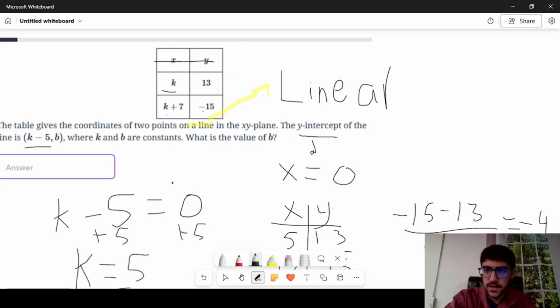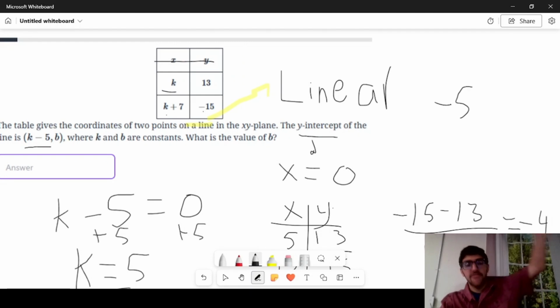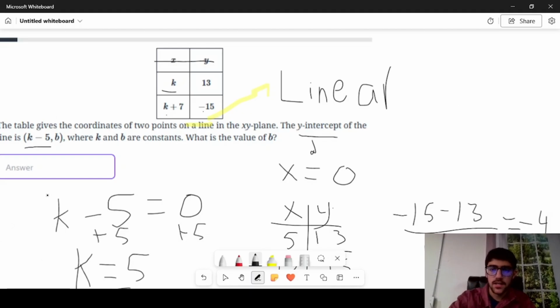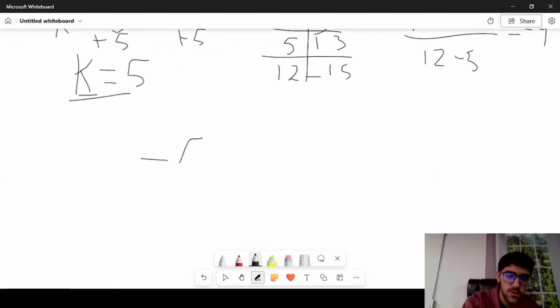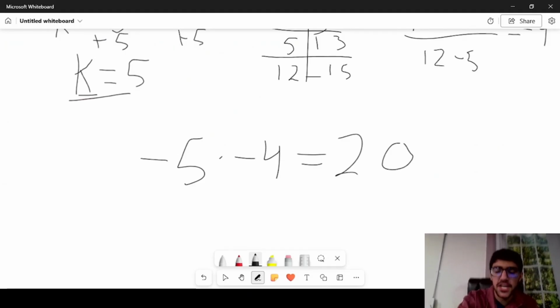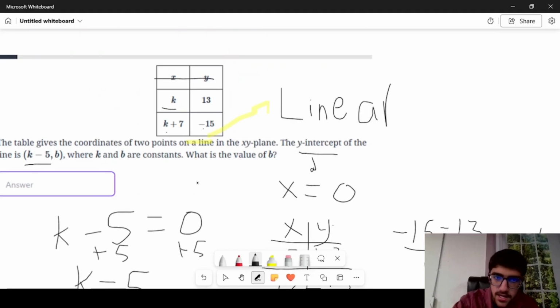That's negative 5 times negative 4. Negative 5, because you want to go back 5 times. Negative 5 times negative 4 tells you how much you have to change if you want to start at k and then go to k minus 5.